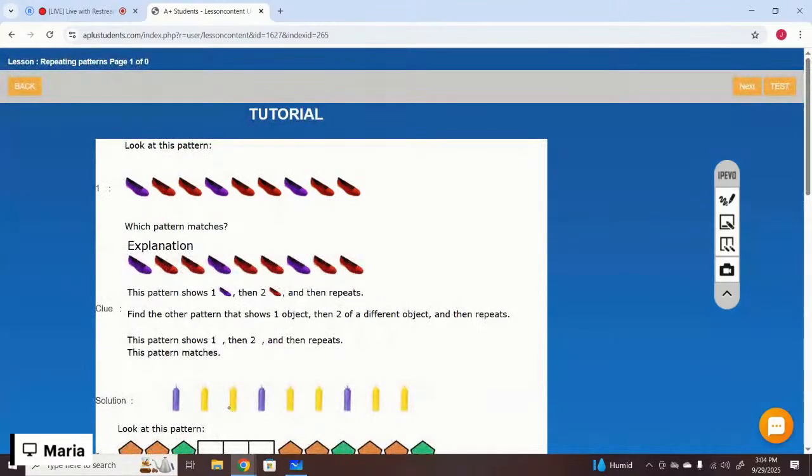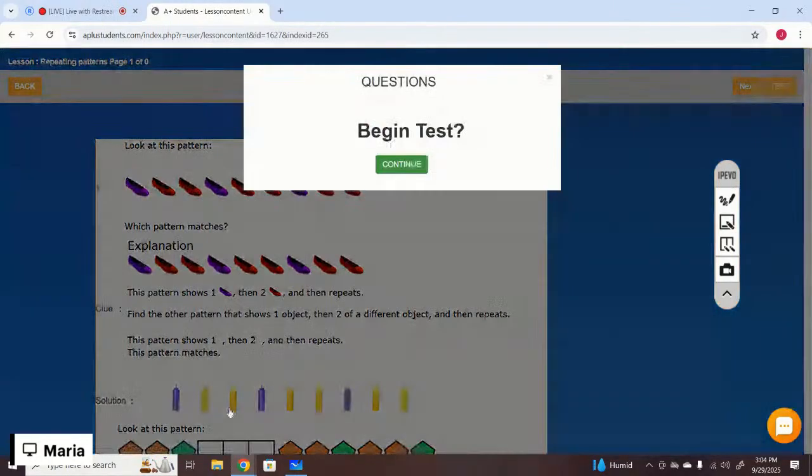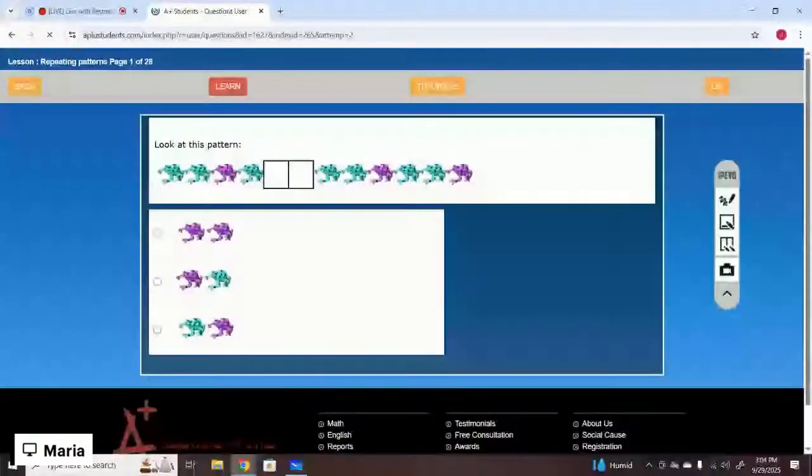Let's just start with the test questions. Look at this pattern. We need to find the missing pattern. We have two blue and one purple.